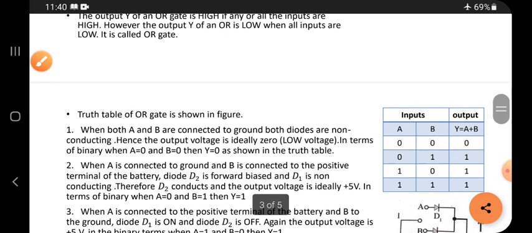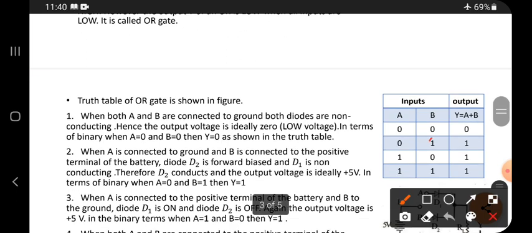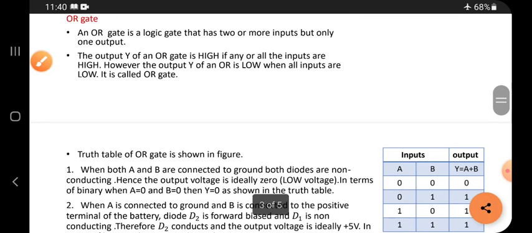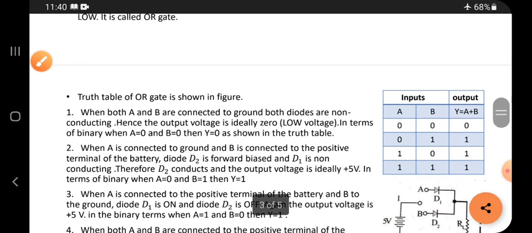Any one input or all inputs high, then only the output is high, otherwise 0. However, the output Y of an OR gate is low when all inputs are low. That is what we call an OR gate.